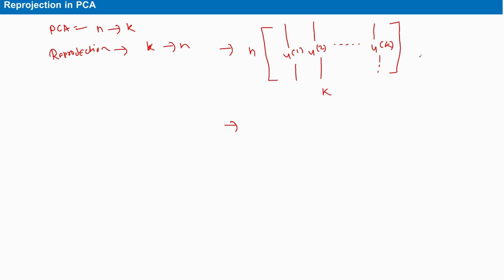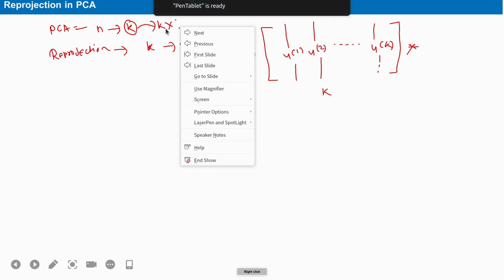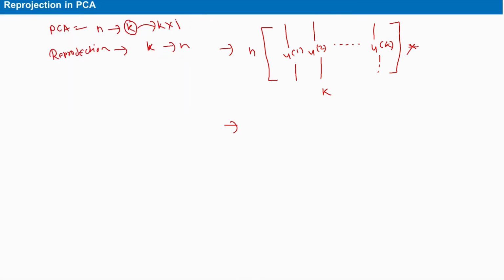So what we need to do is multiply this n by k matrix with the PCA output, which has dimension k by 1.